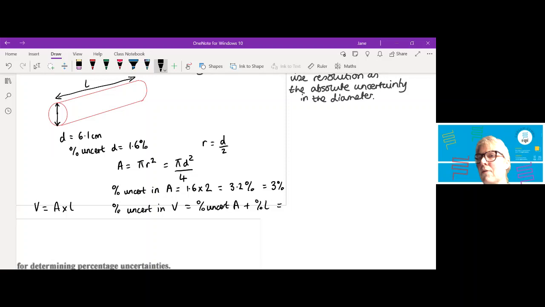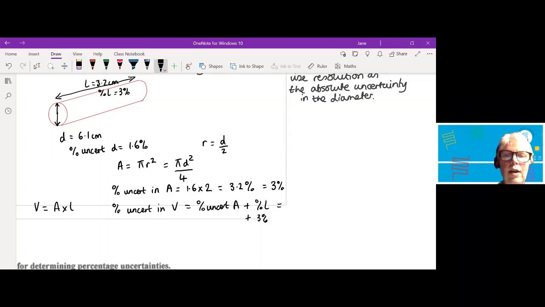Let's say the length is 3.2 centimeters again. So my percentage uncertainty in my length is 3%. I'm still using a ruler to do all of this. I haven't used a vernier or micrometer, otherwise these uncertainties would be a lot smaller.